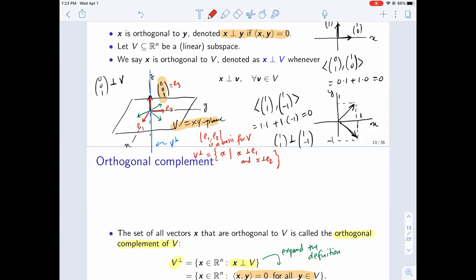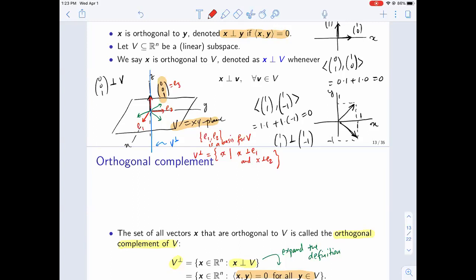When you take the inner product with E1 and E2, you get something non-zero, right? Any vector with a non-zero first component gives a non-zero inner product with E1, and any vector with a non-zero second component gives a non-zero inner product with E2.